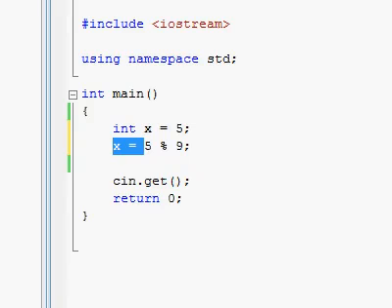So if you divide 9 by 2, you will get 1, because 9 divided by 2 is 4 with the remainder of 1. So over here the expression is evaluated as 1, and 1 is going to be put into the variable x. That is pretty much all of our mathematical operators.